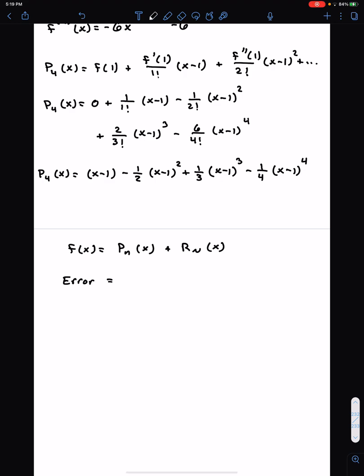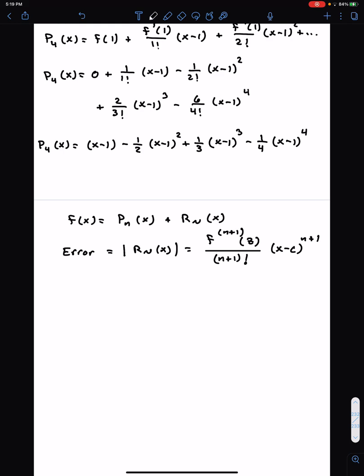So the error is equal to the absolute value of Rn of x, which is equal to f to the n plus 1 of z divided by n plus 1 factorial times x minus c to the n plus 1. And z is chosen to maximize the nth derivative.